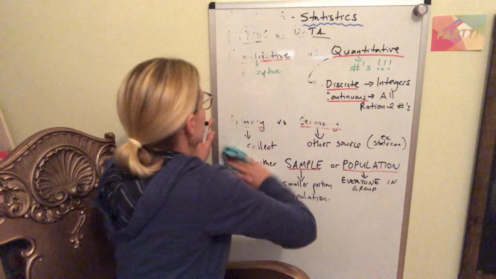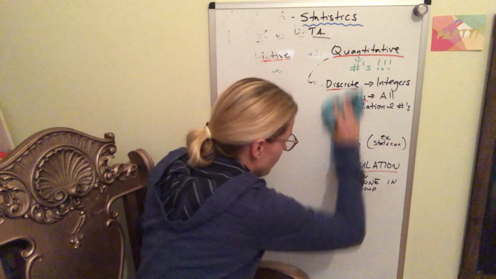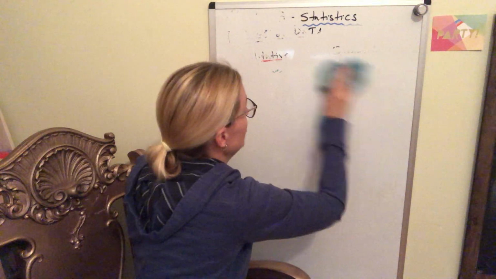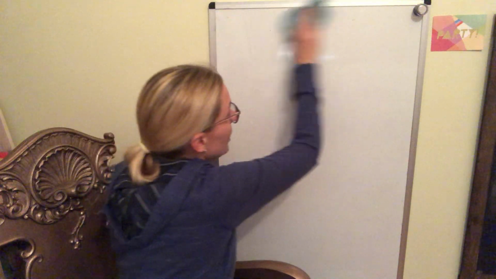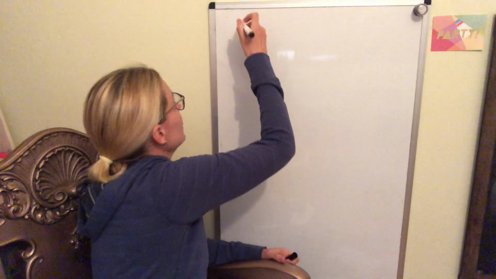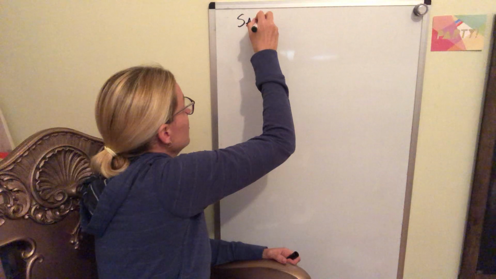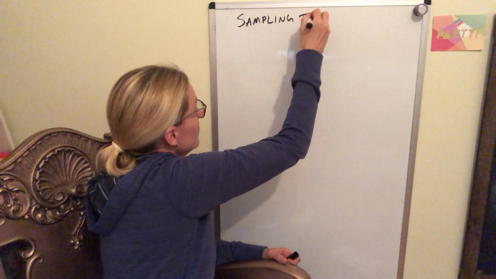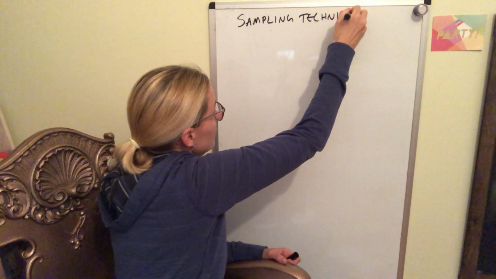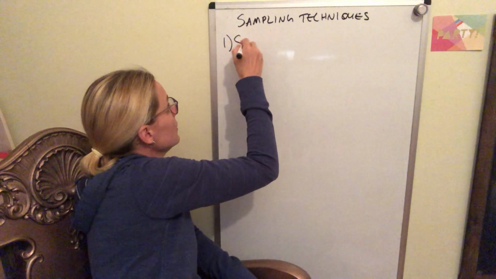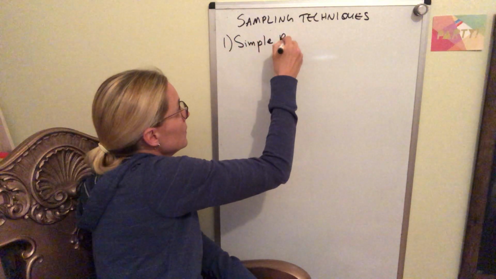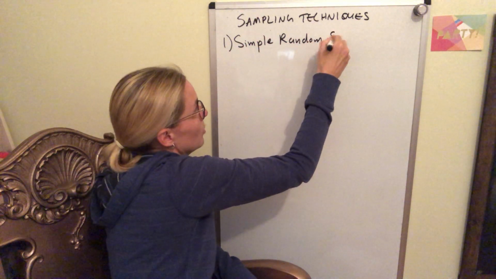Types of sampling will go like this. Under sampling techniques, we can have the first one, simple random sample.